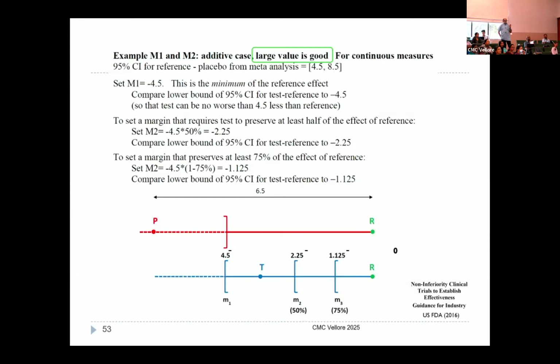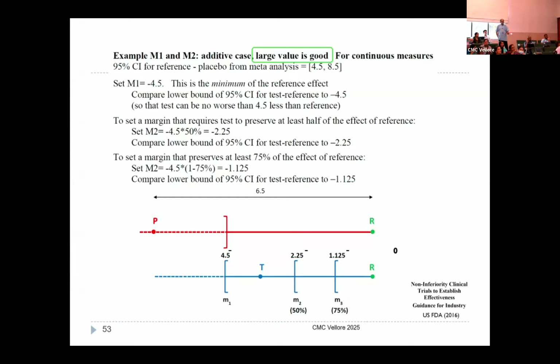So here was an example. Large values are good. So for a good one, we want the left side of the confidence interval to be the focus of attention. So reference minus placebo from meta-analysis at a confidence interval of 4.5 to 8.5. So we want minus 4.5 as our M1.